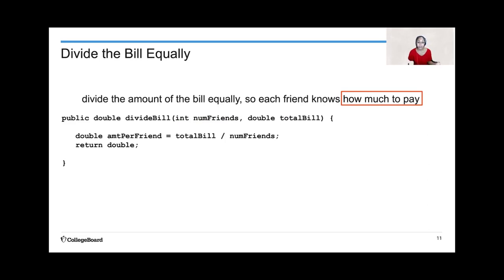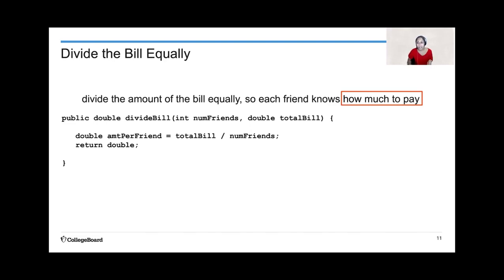So in order to find out how much everybody's going to pay, I'm going to have a variable called amountPerFriend that's going to store the result of the total bill divided by the number of friends. Then I have my return statement, right, which returns that information back to the main method or wherever this particular method is called.